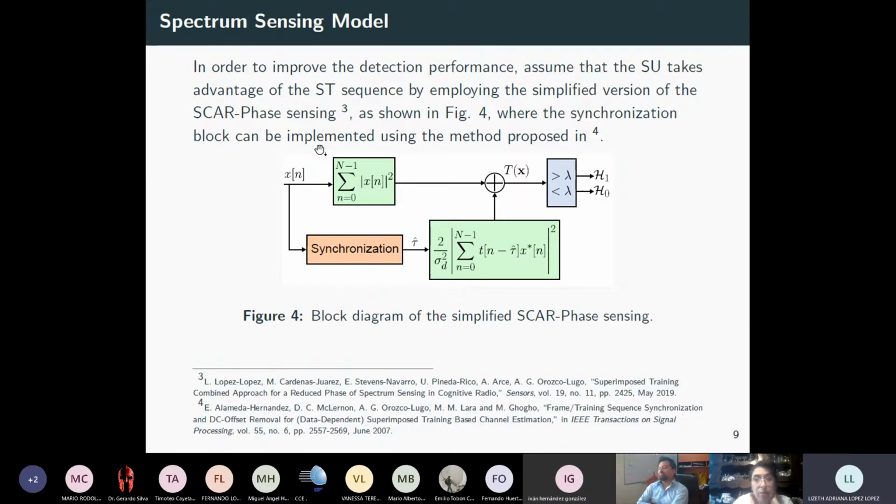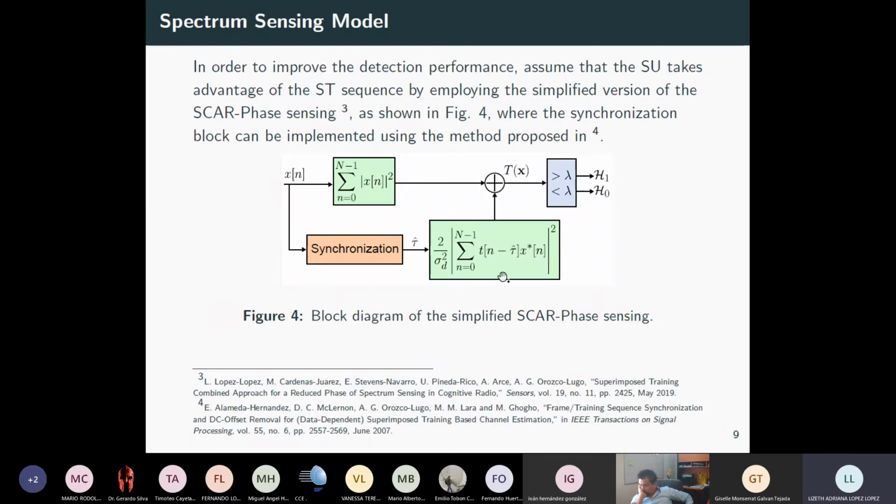It consists of an energy detection part, a synchronization, and then a metric that takes advantage of the training sequence. Then these two metrics are added and compared to a threshold to determine if the primary user is present, which is represented by hypothesis 1, or if the primary user is absent, which is represented by hypothesis 0.